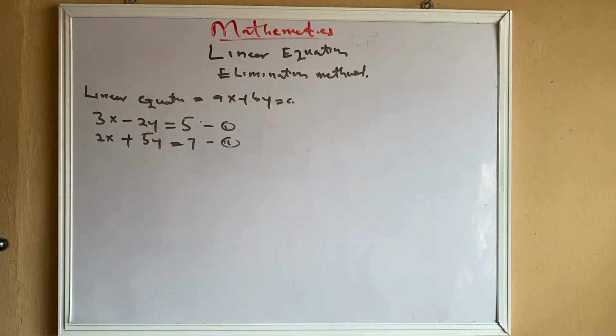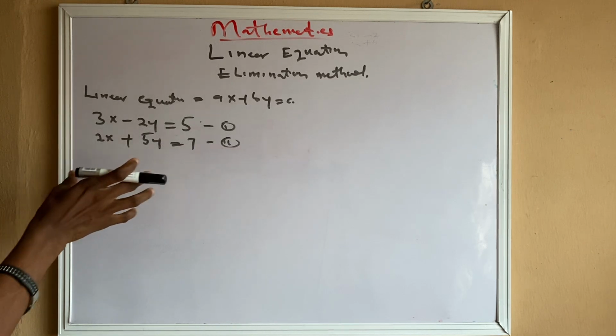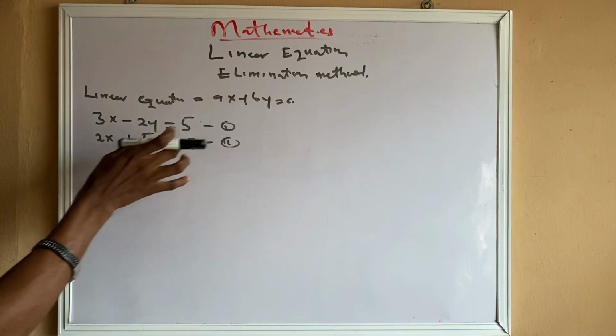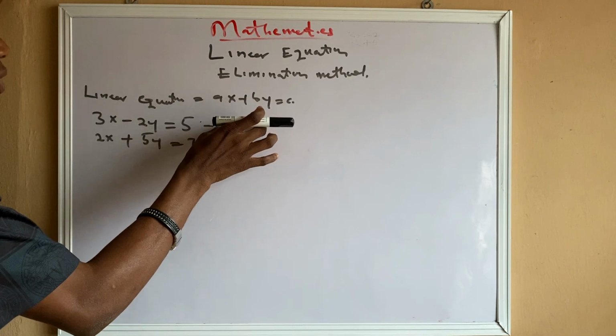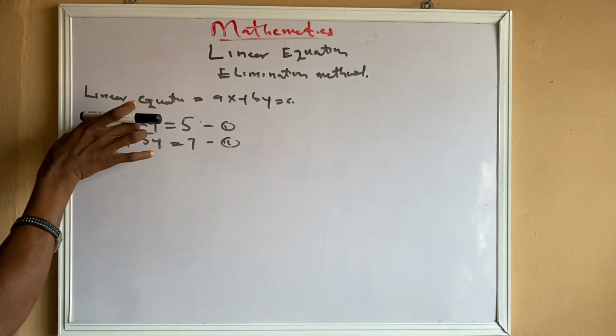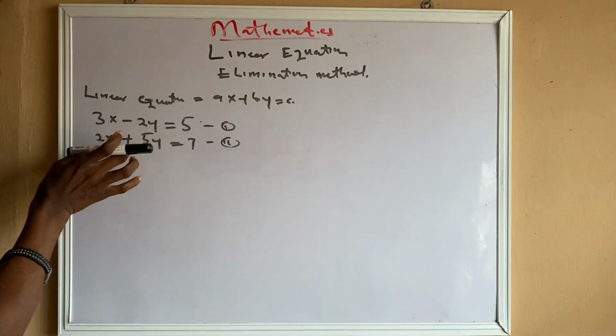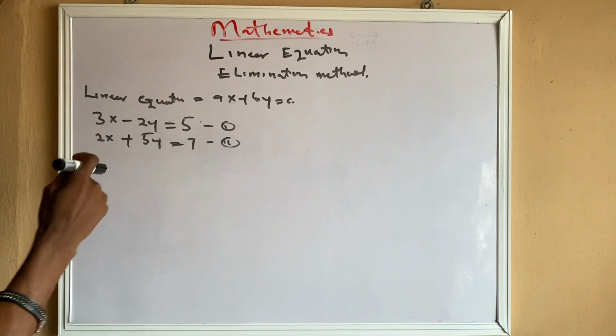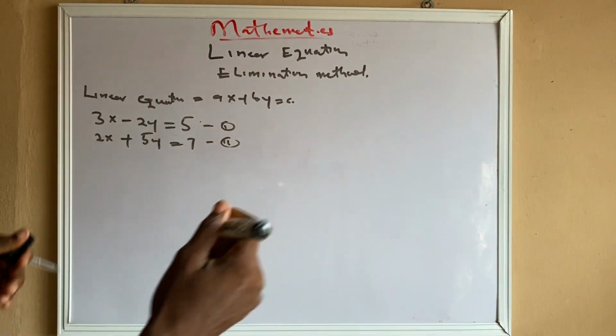What do we mean by this? Since we are using the elimination method, what we're supposed to do is look at a particular figure that if you multiply it with equation 1, there will be a correlation in either x or y in equation 2. Let me try to explain what I'm saying.